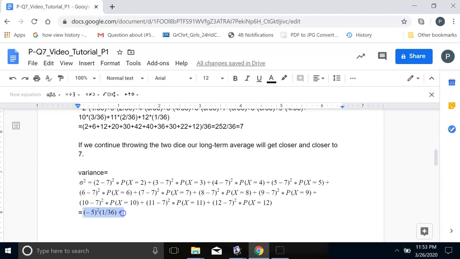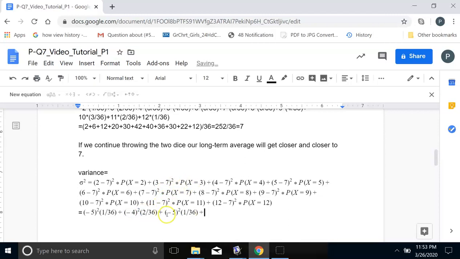Next one is 3 minus 7, so negative 4 squared, and the probability X is 3 is 2 over 36.